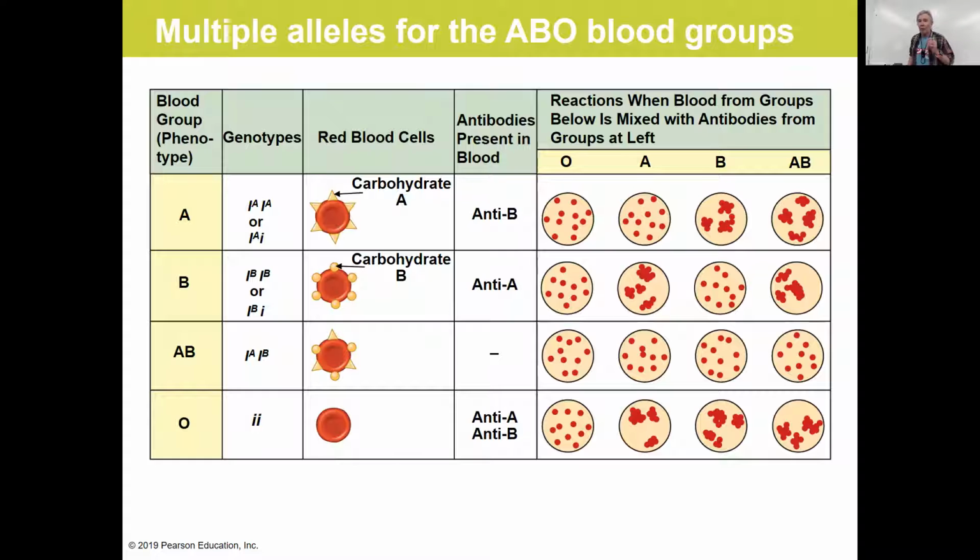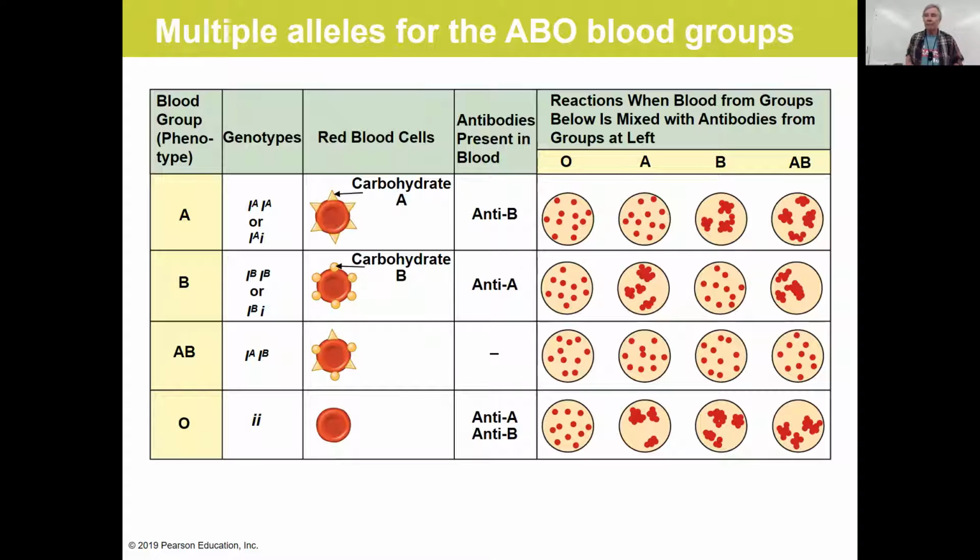And this is a problem for pregnant women who are negative and have a positive child, because there is a little bit of mixing of blood at birth, and so this woman who has a negative blood type comes in contact with the positive Rh factor in her infant's blood, and she makes anti-Rh antibodies. And so if she has a second child that's also positive, those antibodies will cross the placenta and kill the fetus.